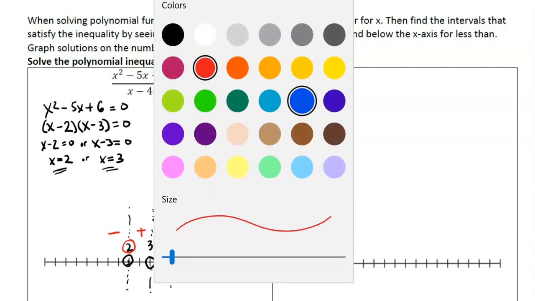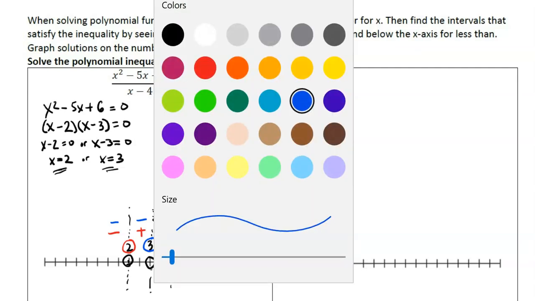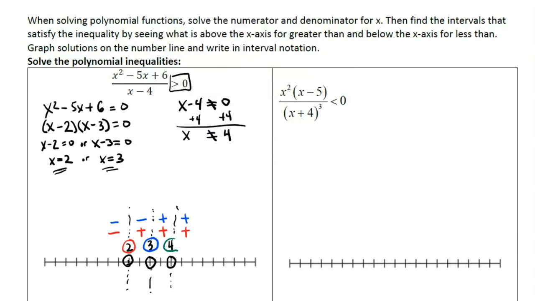For 3, to the left of 3 it would be negative, negative, and then to the right positive. And then for 4, to the left of 4 would be negative, negative, negative, and to the right positive.